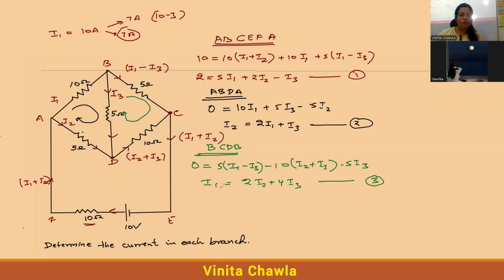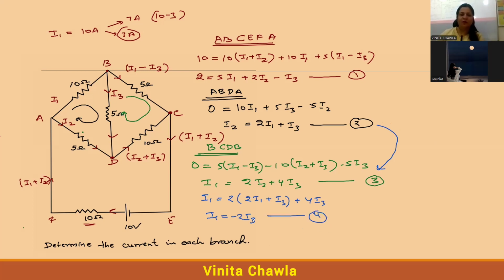Now substituting I2 from 2 in 3, we'll get I1 is equal to 2. In place of I2 we will write 2I1 plus I3 plus 4I3. So you will get I1 as minus 2I3. Okay, so let this equation be 4.